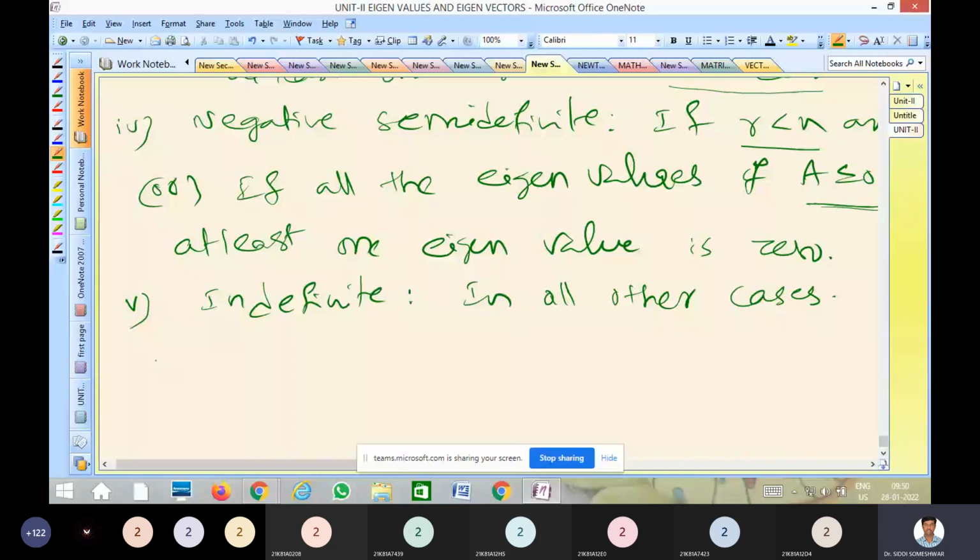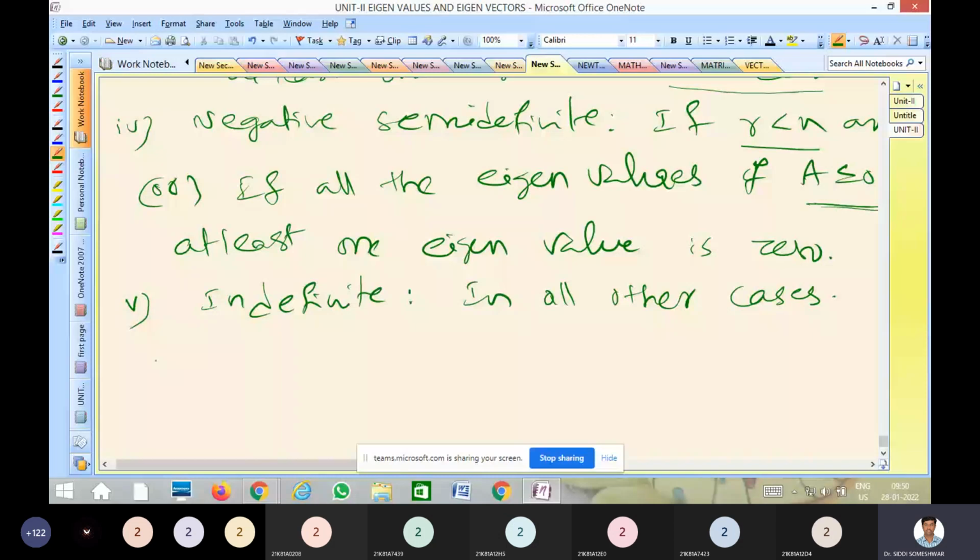We are applying the reductions for the given quadratic form by using different techniques like diagonalization, orthogonalization, and Lagrange's reduction. Whatever method you are using to convert the quadratic form into canonical form, the signature remains the same. So that is Sylvester's law.